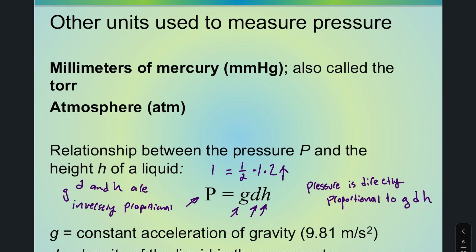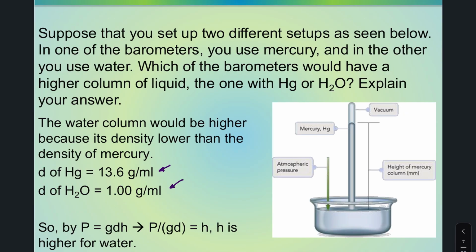And so if we go back here, we can see, since height and density are inversely proportional, the greater the height, the lower the density to maintain pressure.